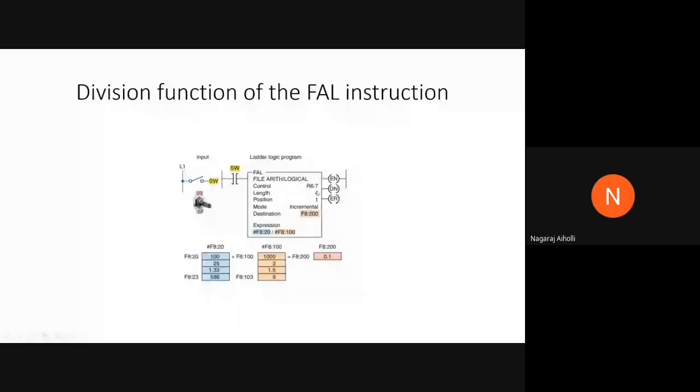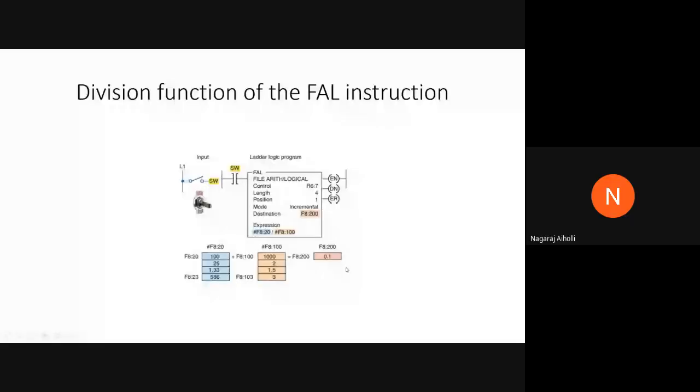Division function of the FAL instruction. The rung again has four values. It will divide the value F8:20 by F8:100. The value in F8:20 is 100, divided by 1000. That will be 25 by 100 by 1000.